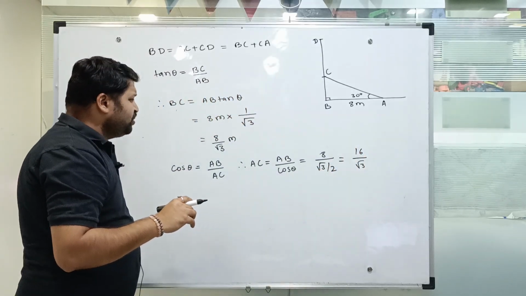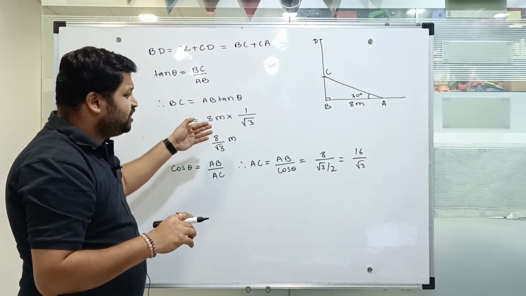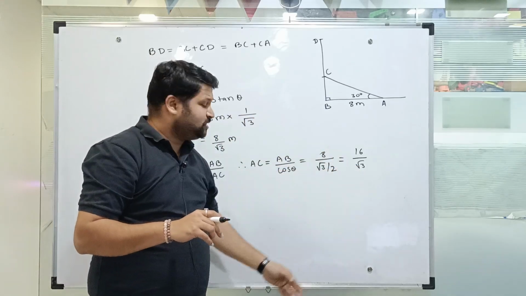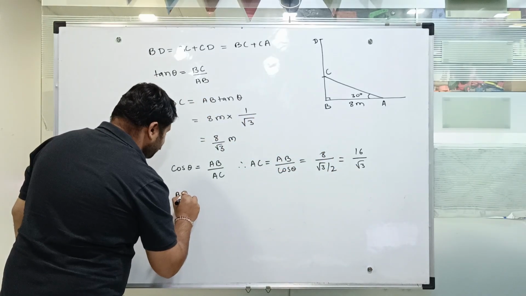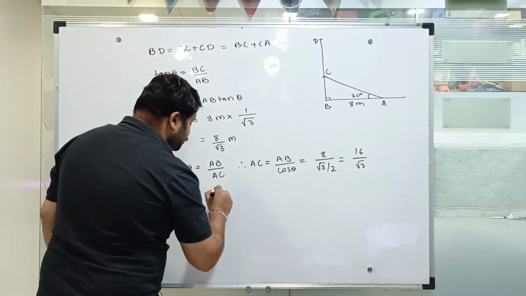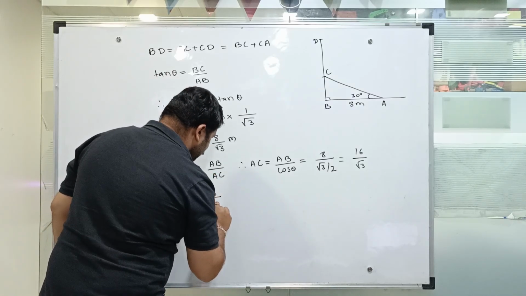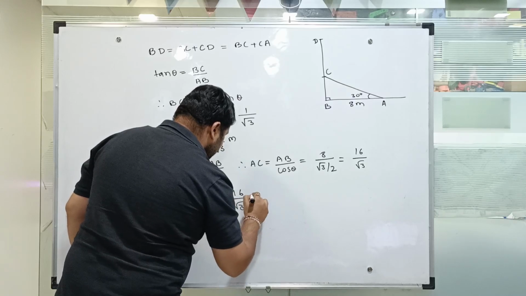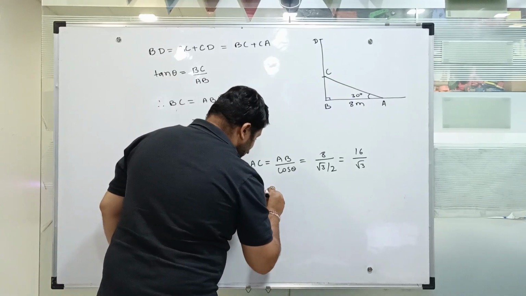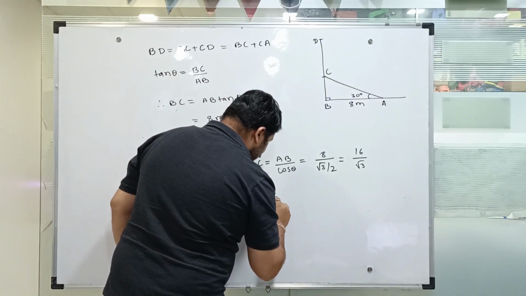So now we have 8 upon root 3 and 16 upon root 3 as our answers. So my BD is going to be equal to 8 upon root 3 plus 16 upon root 3. That gives me 24 upon root 3.